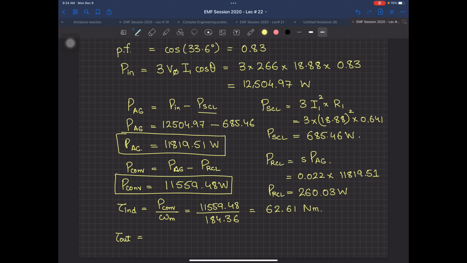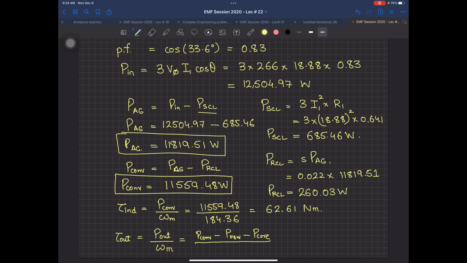So this T out will be equal to P out divided by omega m, and we still have not calculated P out actually. So P out would be equal to P converted minus P friction and windage minus P core.